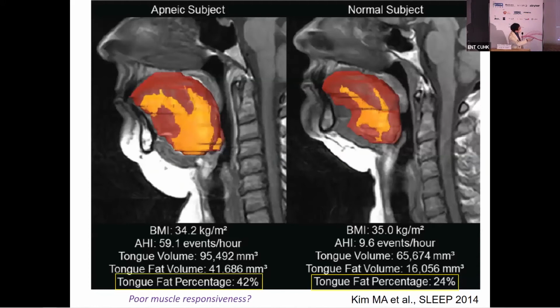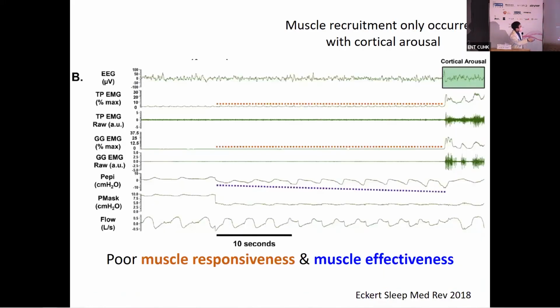So this patient has pretty good muscle effectiveness. But if you look at these 2 obese subjects, both of them had a BMI of around 35. In the OSA patient, not only is the tongue volume large, the fat percentage is 42%. So could that contribute to poor muscle responsiveness? This is one example of a patient with very poor muscle responsiveness.